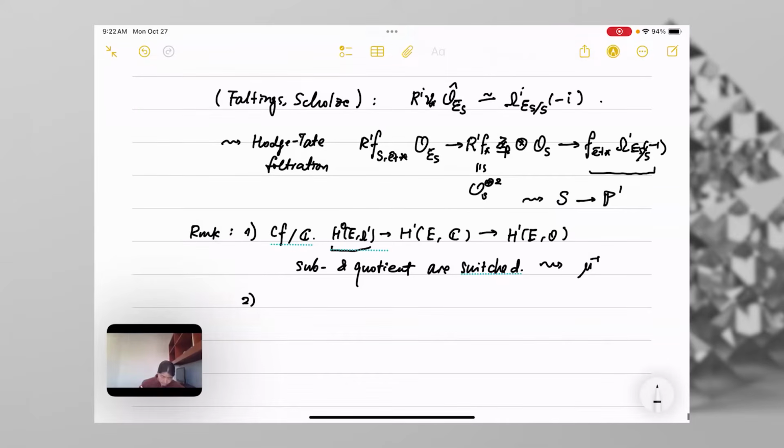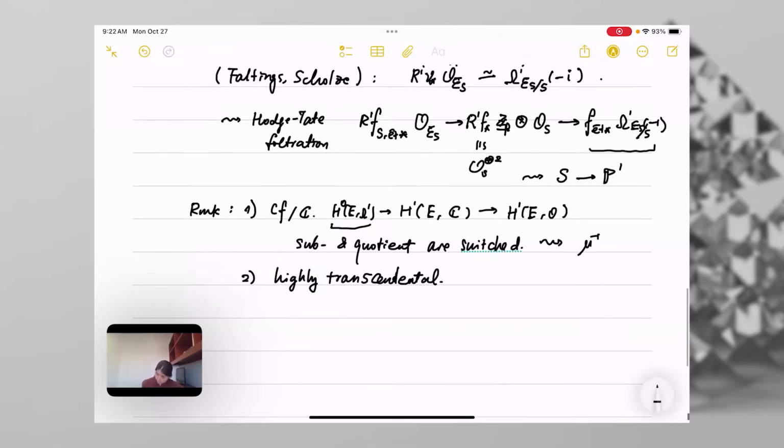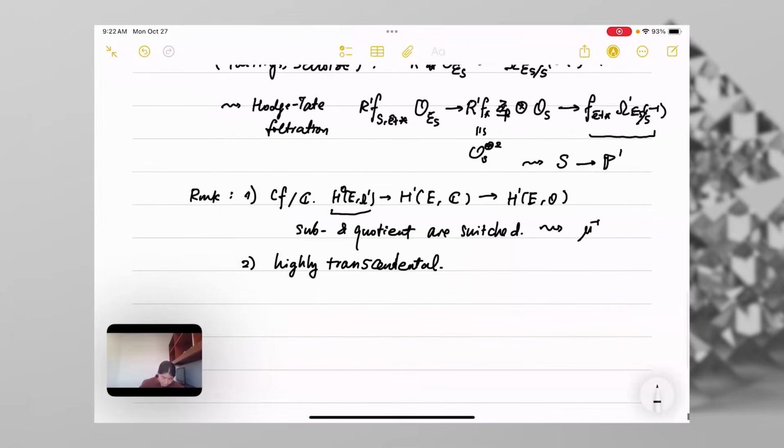And a second remark is that this map, as in the complex case, is highly transcendental. So you cannot define this thing on just the level of algebraic varieties. And it tells you that it's necessary to pass to some p-adic analytic topology.